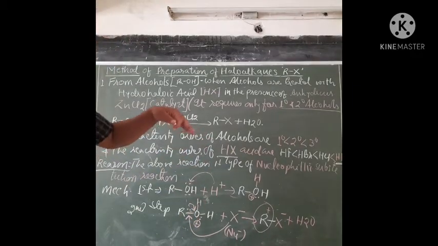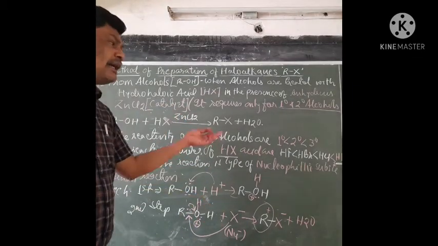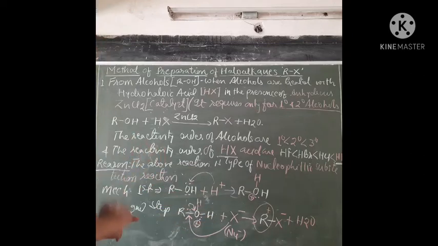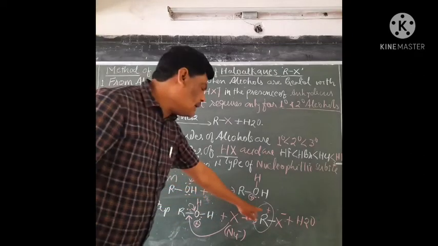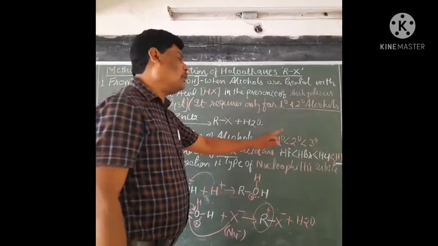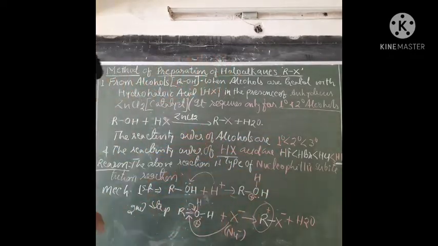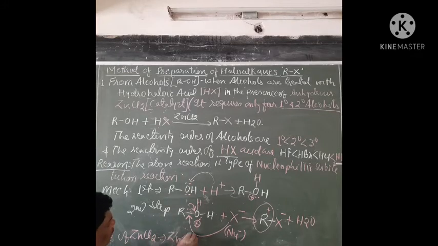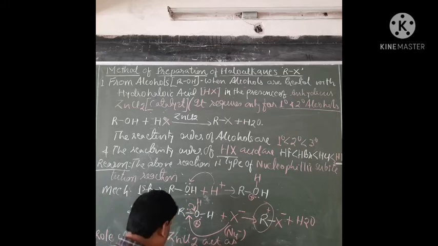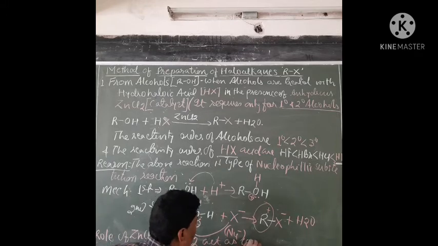So the iodide can attack very easily, that is, it can donate its lone pair to the carbocation very easily. Therefore, HI is the best one. Now, what is the role of ZnCl2? ZnCl2 acts as a coordination compound.